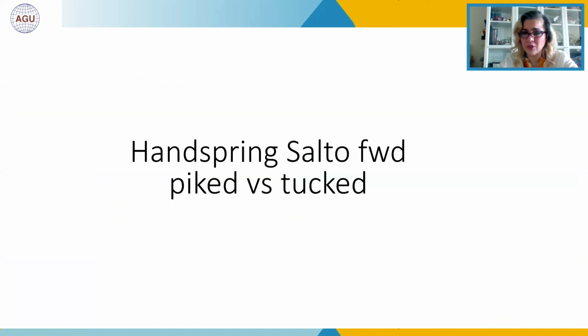If we talk about another topic, again, we talk about the handspring salto forward, piked versus tuck. So we compared straight with pike before, and then we compared the Tsukahara with the salto forward half turn. Now let's compare and realize the difference between pike and tuck saltos.